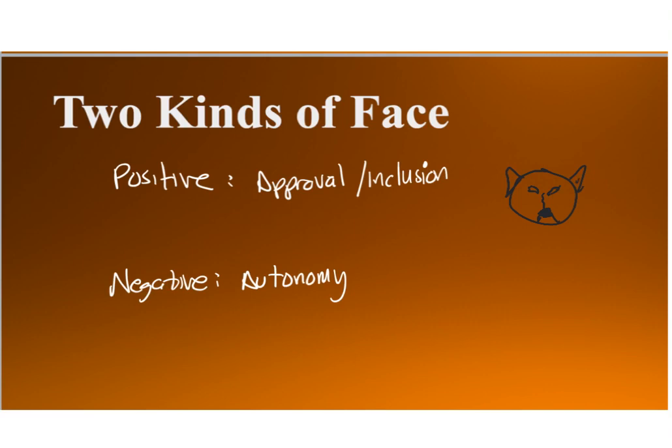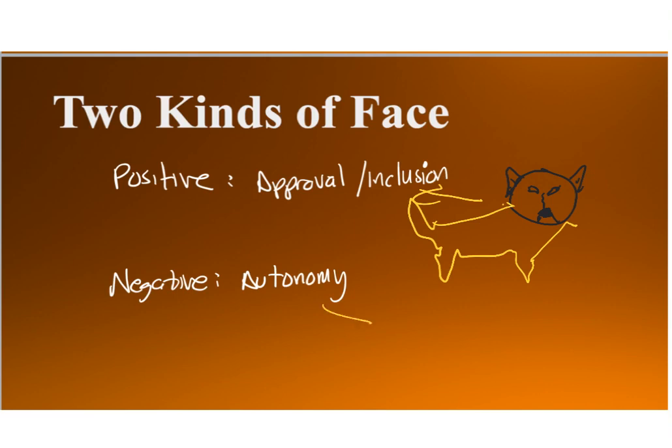That's your cat face. I know it looks like a scary bat or something from Halloween, but that's basically what a cat is. So positive face, think of your cat face. Every time your cat comes home and purrs against your leg, think of approval and inclusion. Yes, kitty. You're a really nice cat. Yes, you're wonderful.